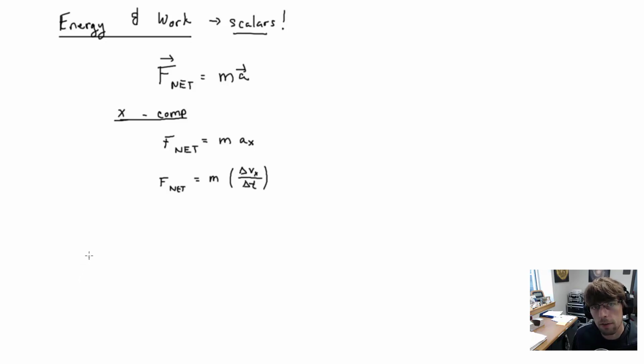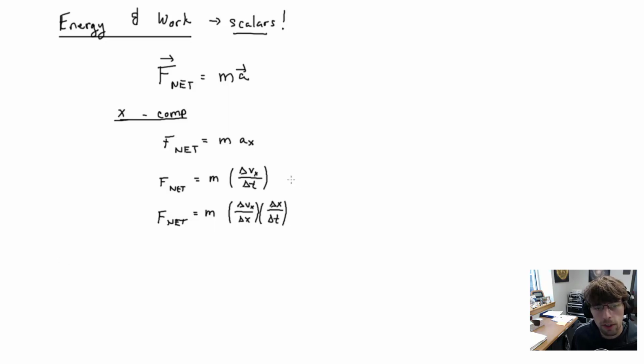And now I'm going to do the favorite mathematical, magical trick. I'm going to multiply by 1. But I'm going to present 1 in a very interesting manner. Say F net is equal to m, and here what I'm going to do is delta v_x over delta x times our change in x over our change in time, delta t. Okay.